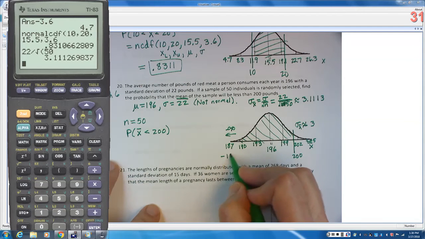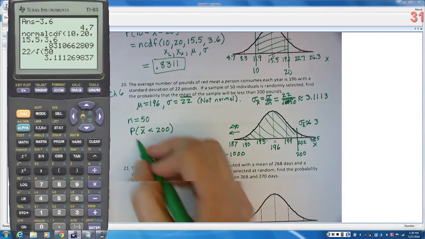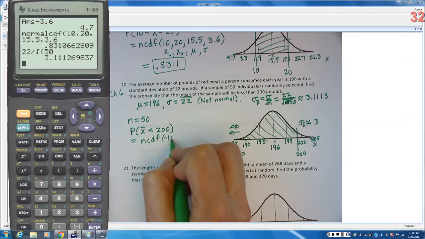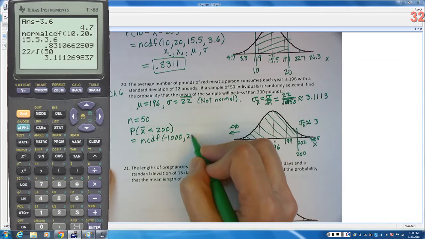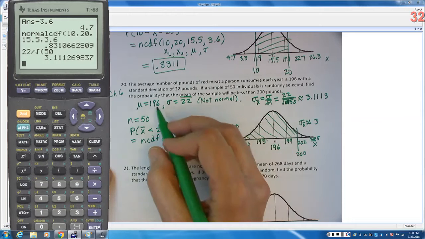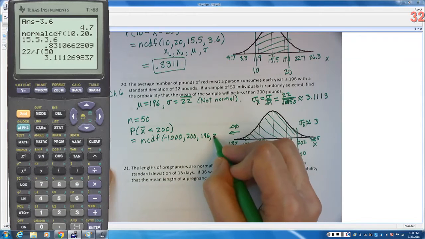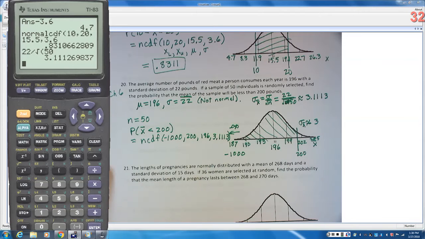We're using negative 1,000. It's normal CDF, negative 1,000, comma, 200, comma, 196, comma, 3.1113. You have to use your new standard deviation. That's the other type of problem from chapter 6.